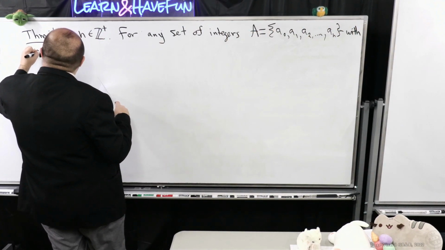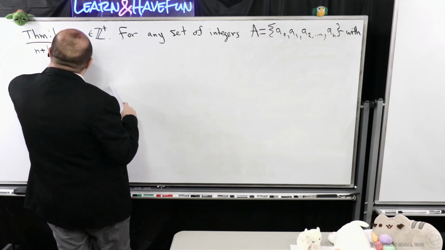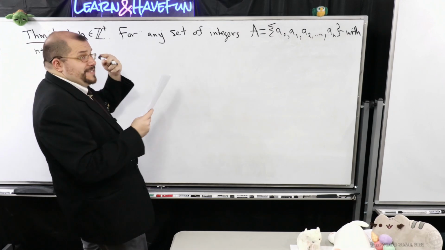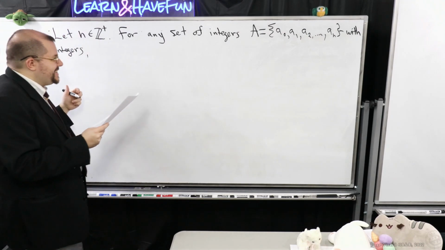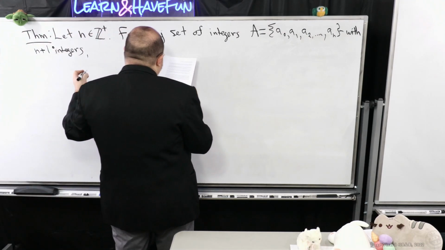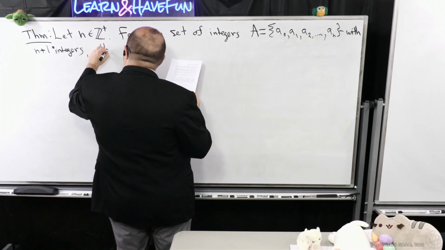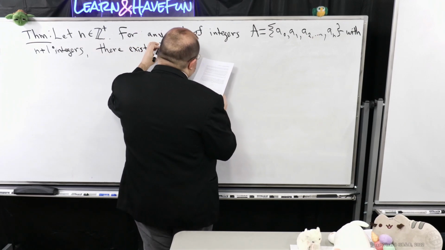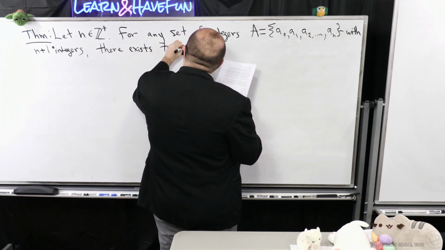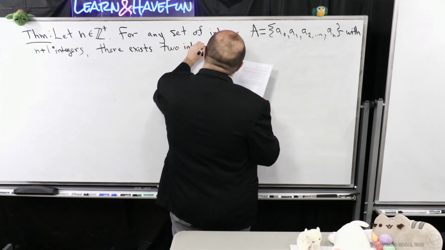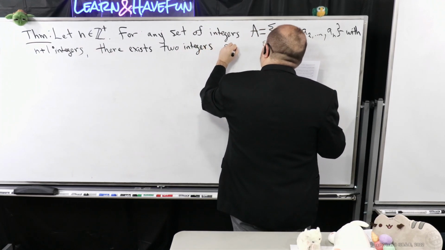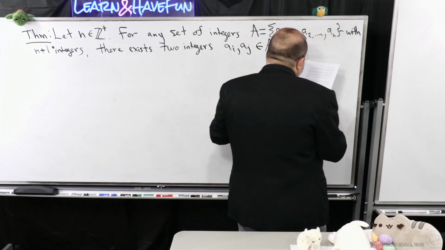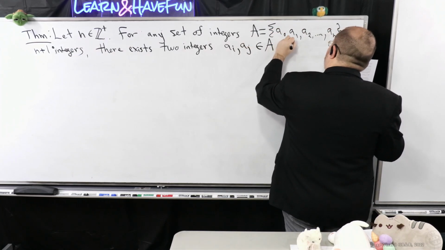With n+1 integers, there exist two integers, ai and aj, which are in A with i not equal to j.